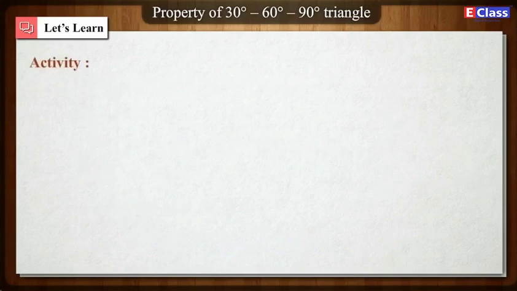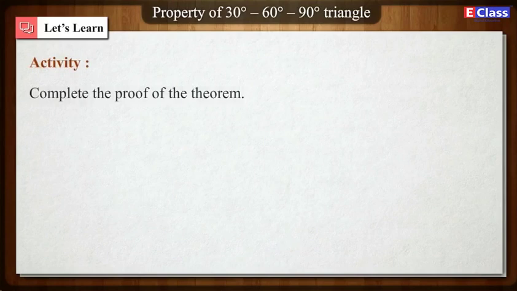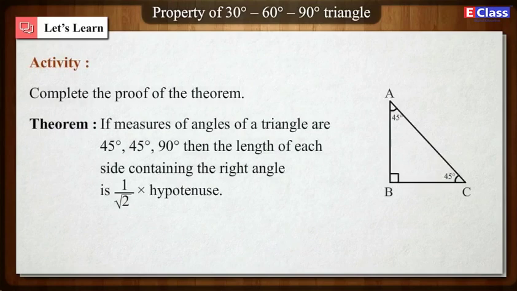Activity. Complete the proof of the theorem. Theorem. If measures of angles of a triangle are 45 degrees, 45 degrees, 90 degrees, then the length of each side containing the right angle is 1 upon square root 2 multiplied by hypotenuse.